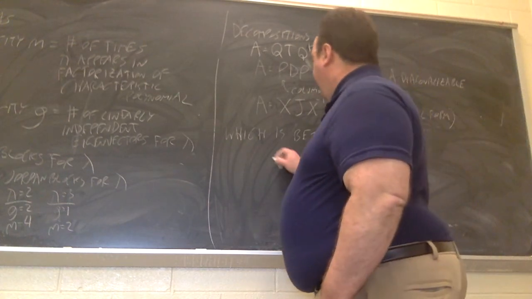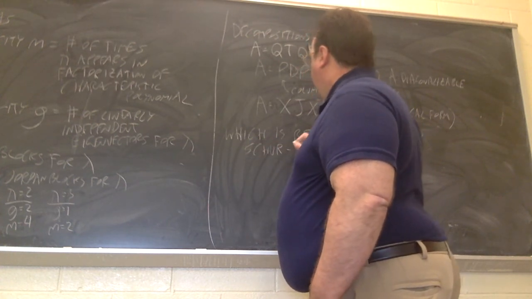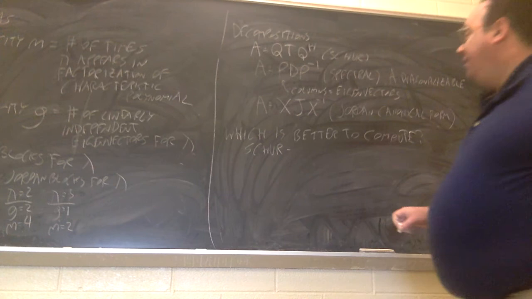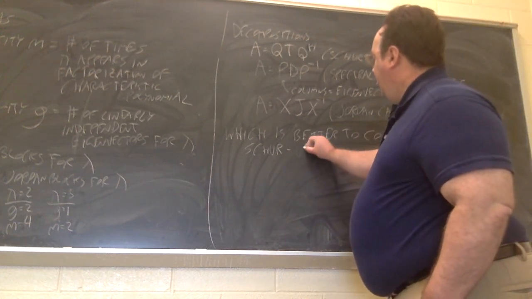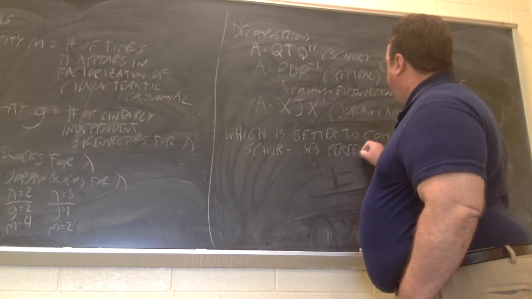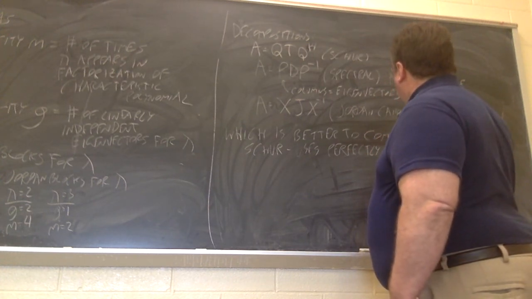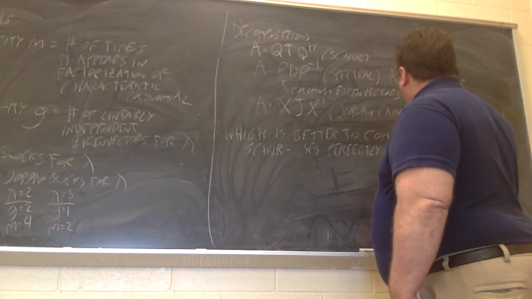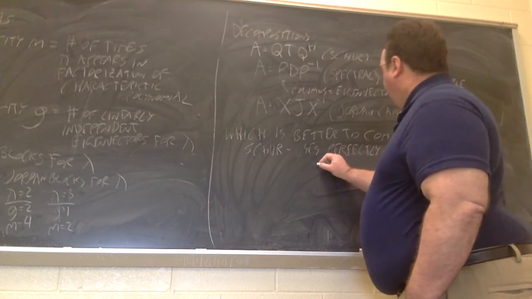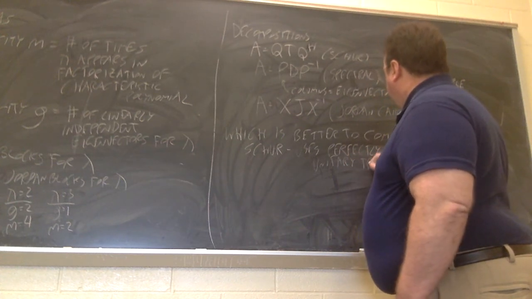The best one is a Schur decomposition. And the reason why is it uses orthogonal transformations. And those are perfectly conditioned. The condition number of an orthogonal or unitary matrix is 1, which is the smallest it can be.